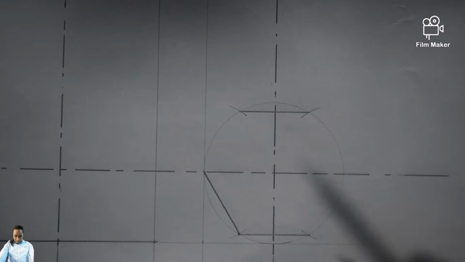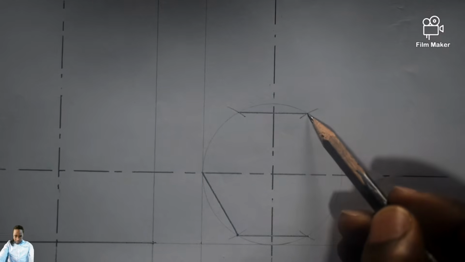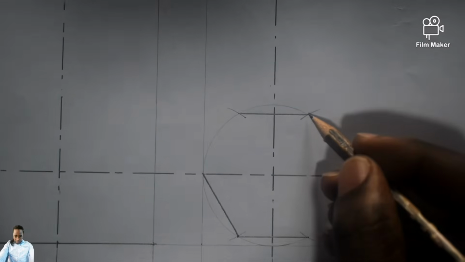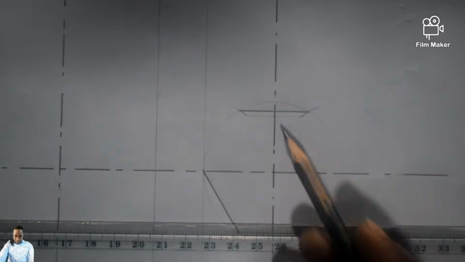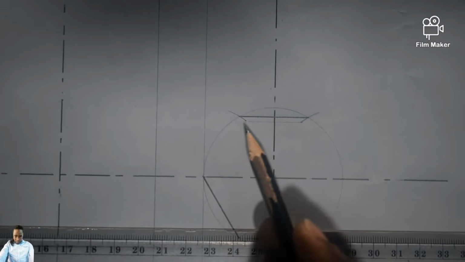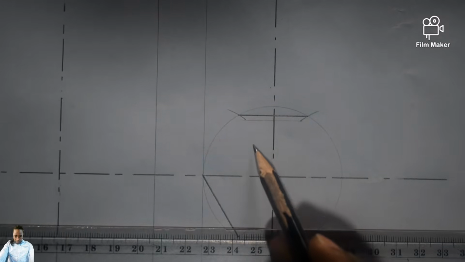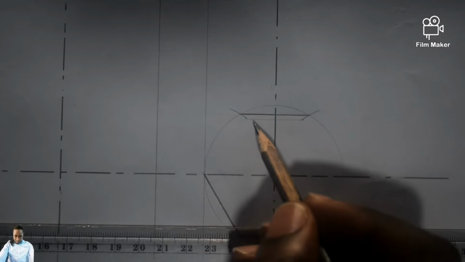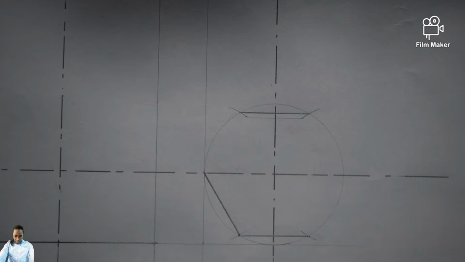Let me emphasize this point. When we are drawing this line, we are drawing it along the circle. That's where the point is, because I've seen the majority of students used to join it like this. It's actually incorrect. This is wrong, because these arcs are not the points. The actual point is on top of the circle. You understand?